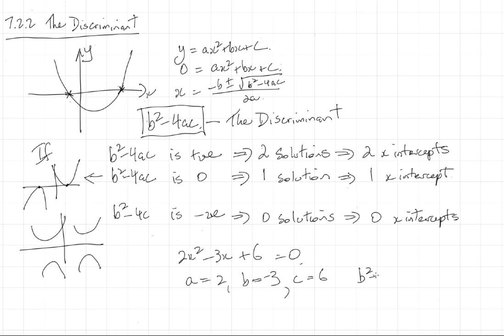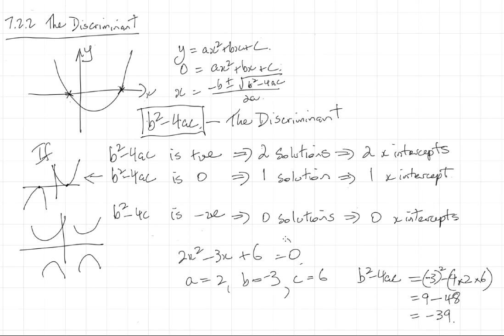So b squared minus 4ac equals negative 3 squared minus 4 times 2 times 6. So it's 9 minus 4 2s are 8, times 6 is 48. So that's equal to negative 39.